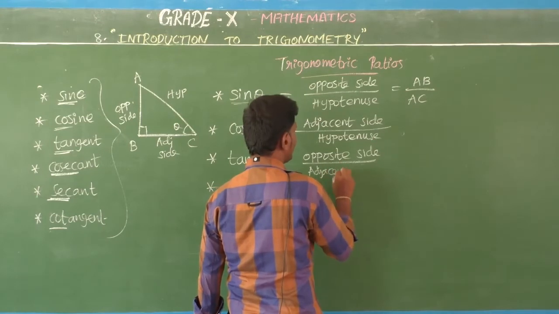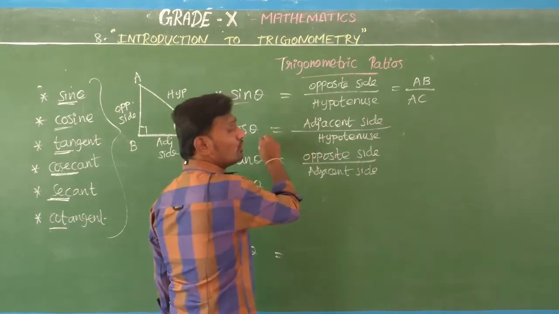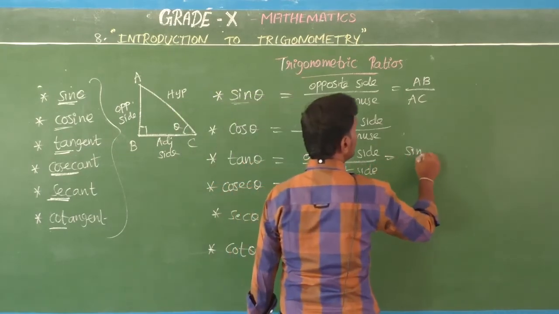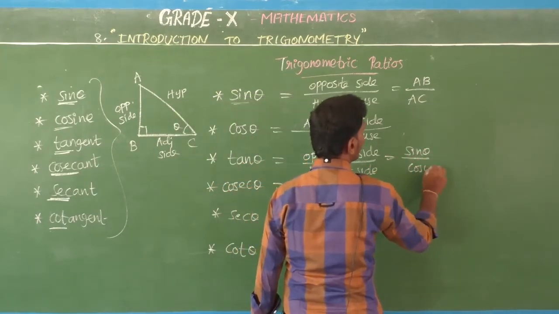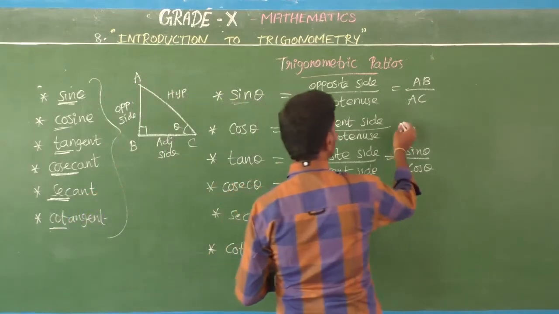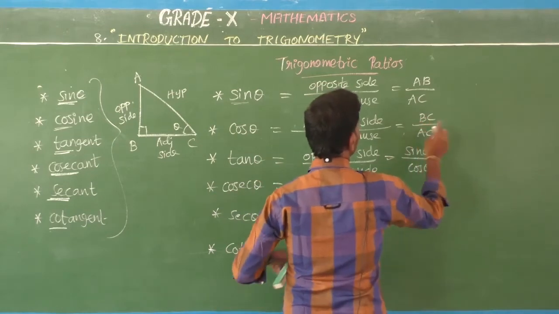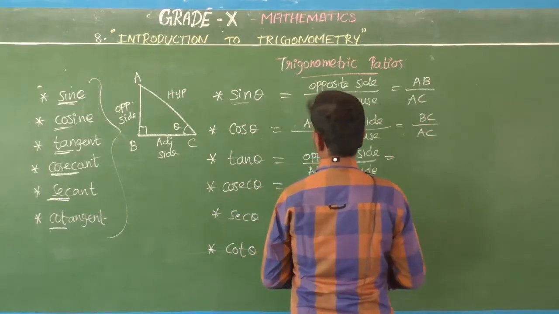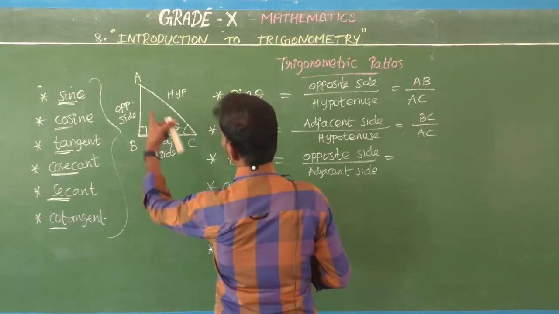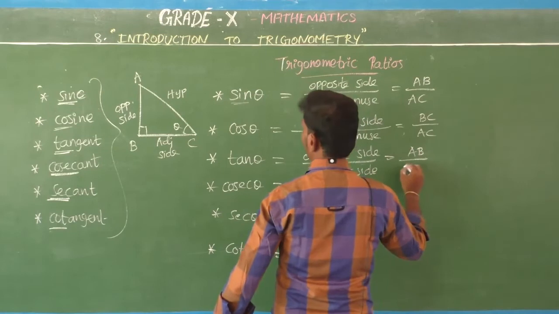It is not a different thing. It is the same. If you divide sin theta by cos theta, you get the same tan theta. The adjacent side is BC, so cos theta is BC divided by AC. And finally, tan theta is opposite side by adjacent side, that is AB divided by BC.